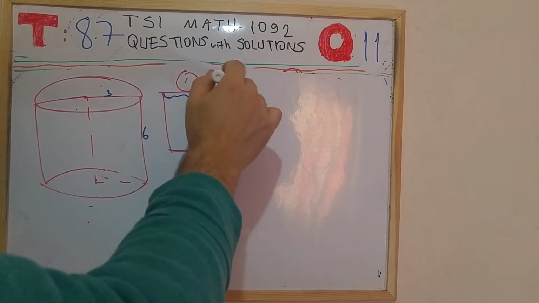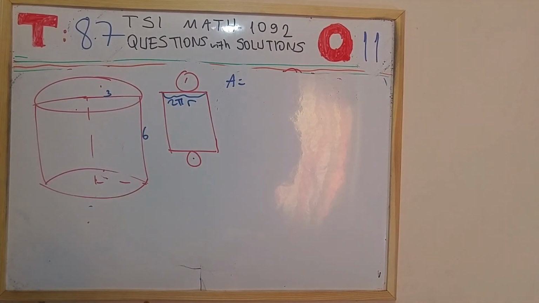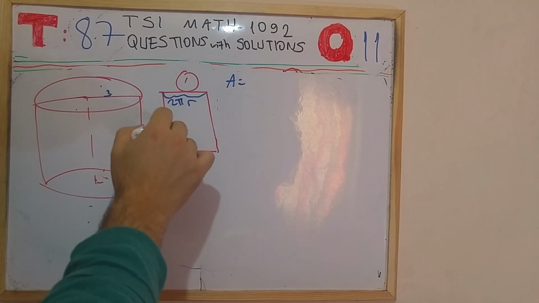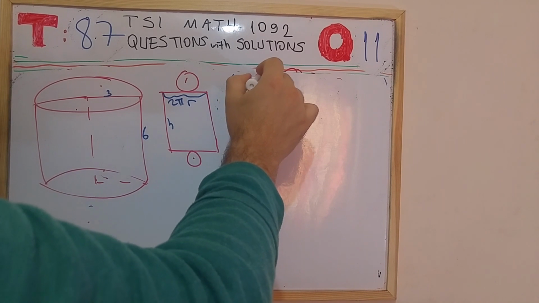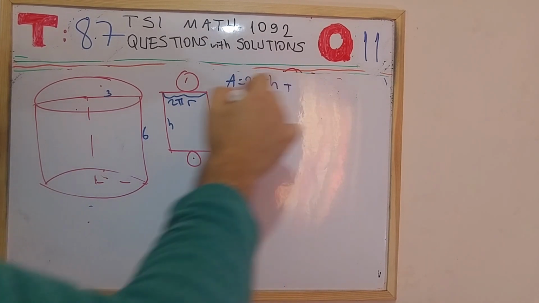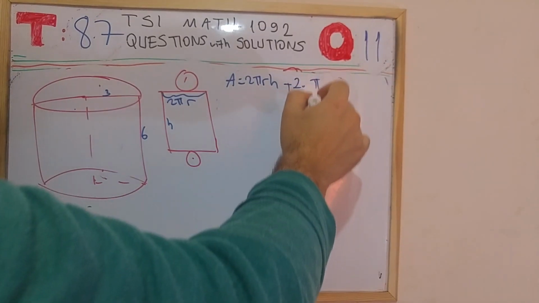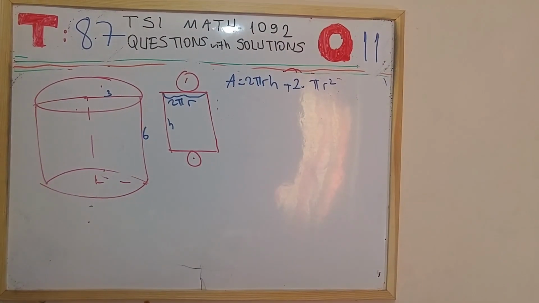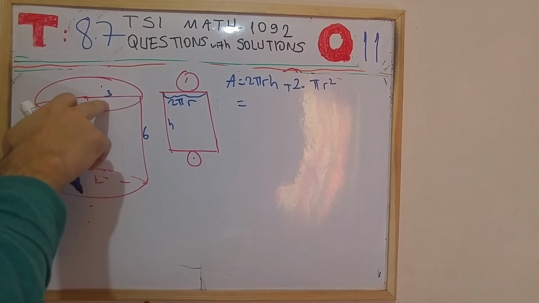So the area, again, now we have calculated that here is 2 pi r from the previous question, and we called here h the height of the cylinder. So the area would be 2 pi r h for the rectangle plus twice the area of the circles, 2 pi r squared. For this case, r is equal to 3.